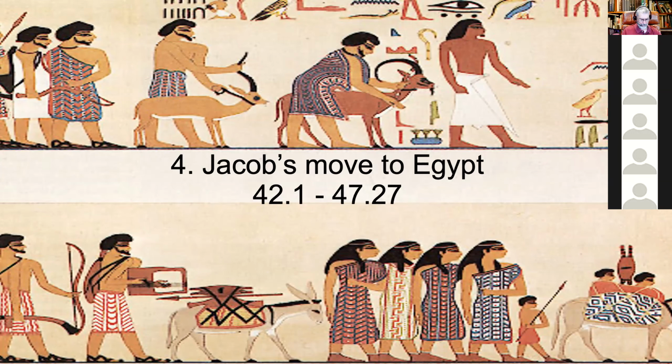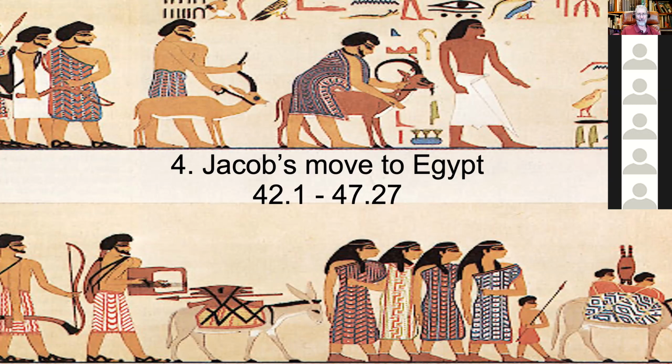So in 42:1, Jacob learned there was food in Egypt, and they make their first journey. The 11 boys, or 10 boys, are sent to Egypt to buy food, and there they run into Joseph, who doesn't tell them who he is.